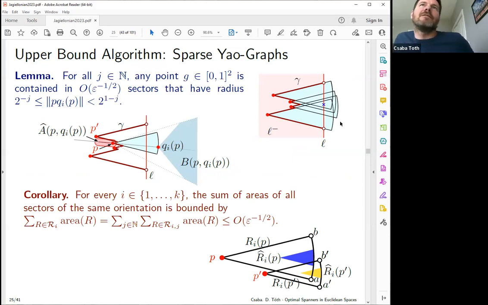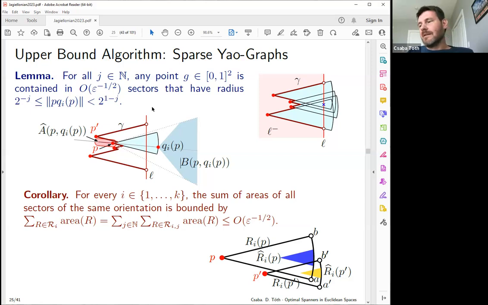One challenge is to bound how much they can overlap. That's probably a key part of the charging scheme, that we can bound the number of sectors that can contain any single point.